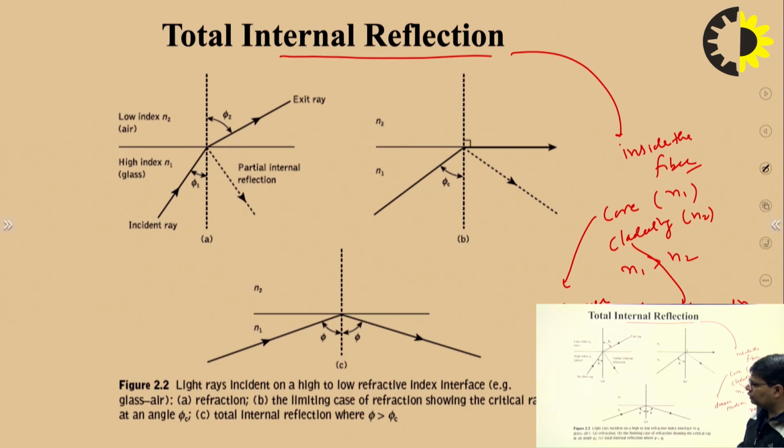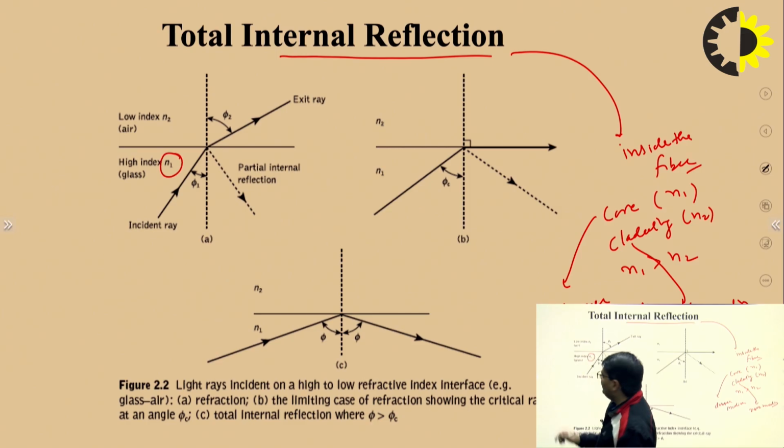To show this, here there is a medium with refractive index N1, and there is a medium with refractive index N2, and as discussed in the structure, N1 is greater than N2.